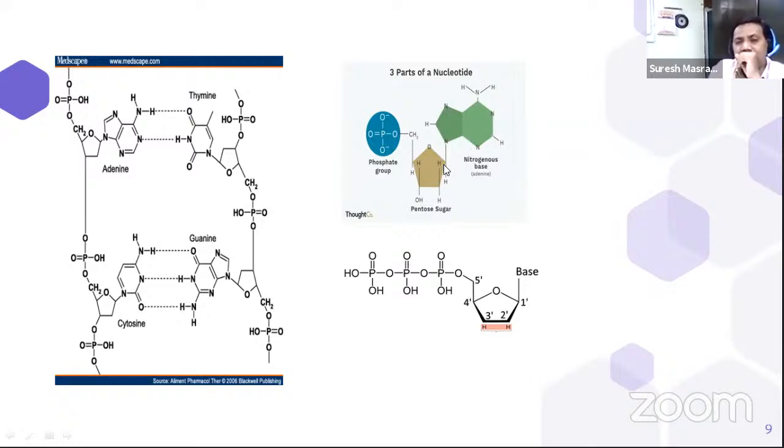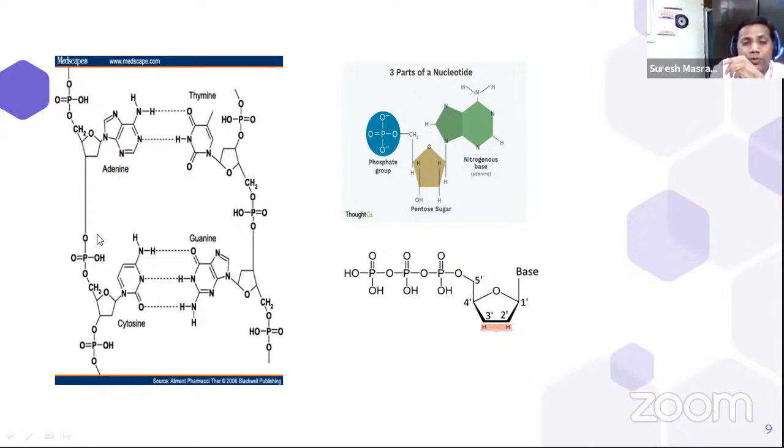Thus, from the first carbon atom, the deoxyribose is allied with the nitrogenous base. Then the second carbon atom has hydrogen at both positions, therefore it is not attached to any other group. Now, this third carbon atom has a hydroxyl group, OH group, which could attach with another incoming nucleotide.